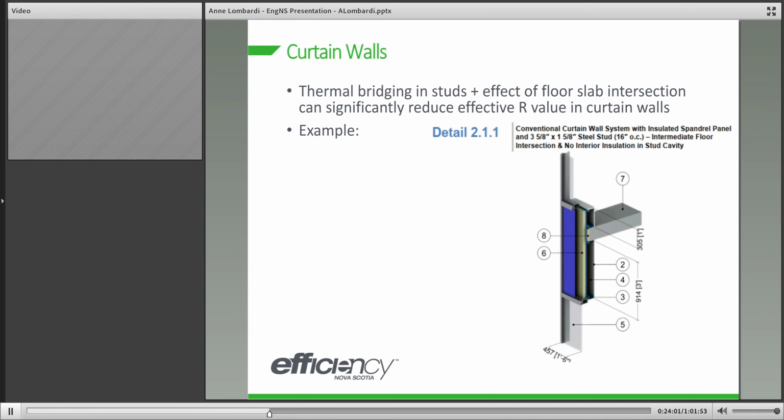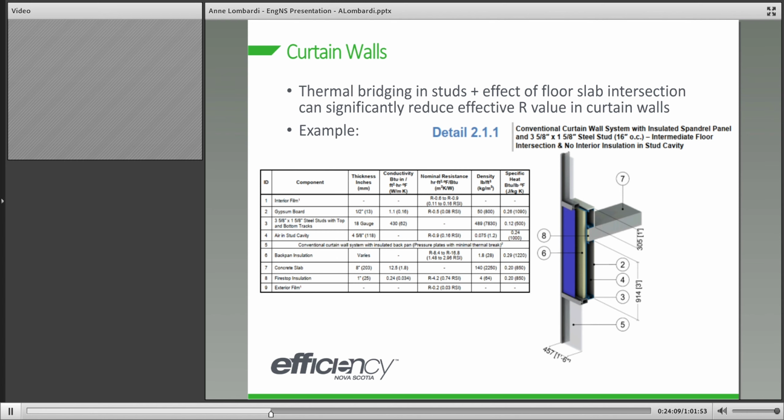So for example, this is what the wall is composed of. Hopefully you guys can see that, but in general, this is a floor slab coming into a spandrel panel. The opaque part is the spandrel panel. Above and below it would be your vision glass. We don't need to account for vision glass in the opaque envelope.